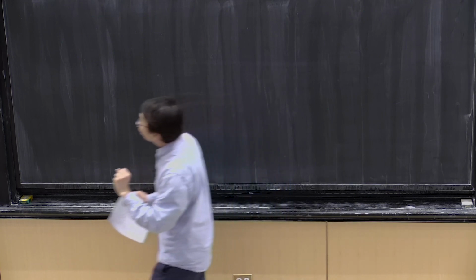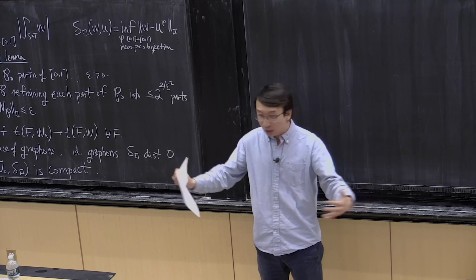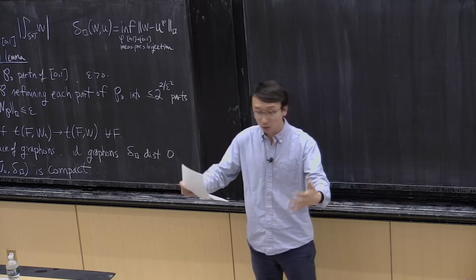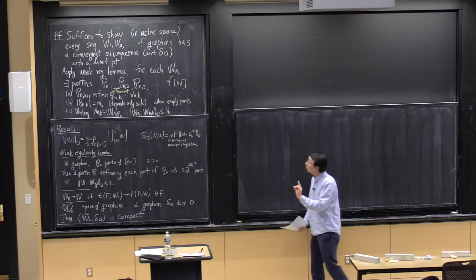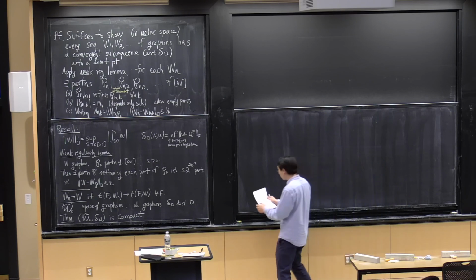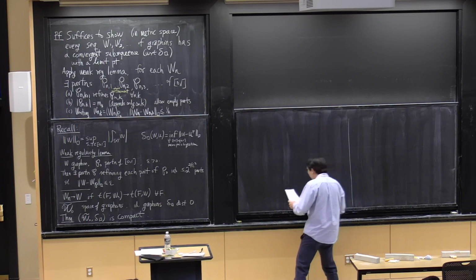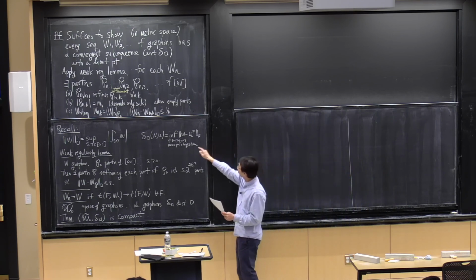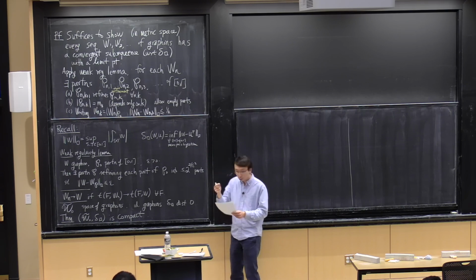Now, these graphons each have their own vertex set, and so far they're not related to each other. But to make the visualization easier, and also in order to do the next step in the proof, I'm going to do some measure preserving bijection. So think of this as permuting the vertex labels.